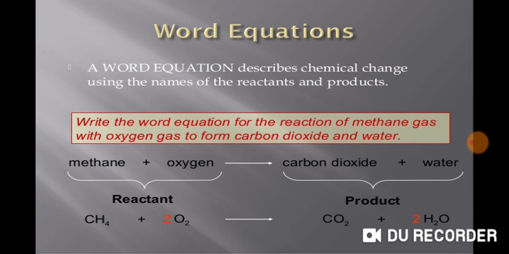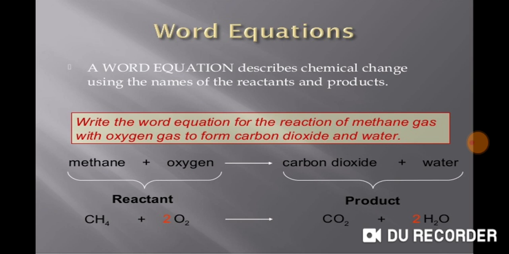Now the word equation. What is a word equation? A word equation describes a chemical change completely by using the proper names of the materials which are reacted. For example, I want to write a word equation in which methane gas is reacted with oxygen gas, methane with oxygen, to form carbon dioxide and water.